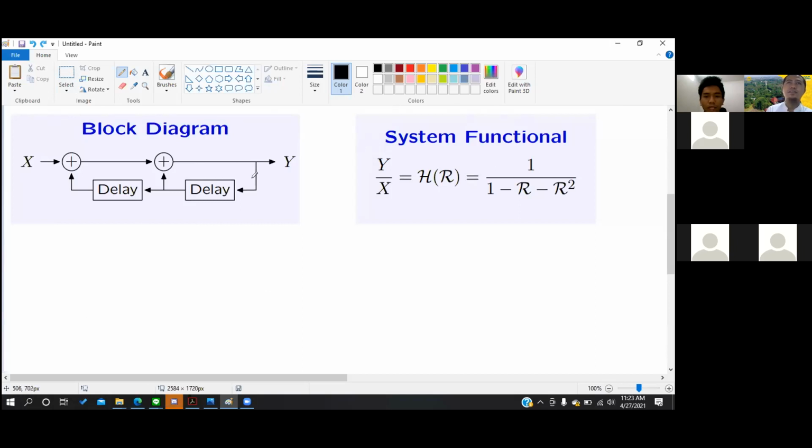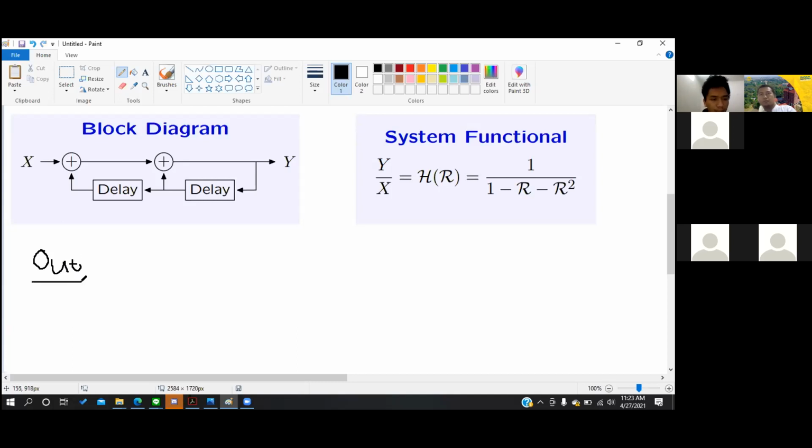And how can we get from a block diagram right here into something like this? Based on what we have learned from the internet, from other sources, from the books, a system function is an output divided by the input.